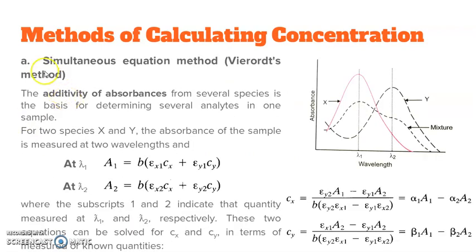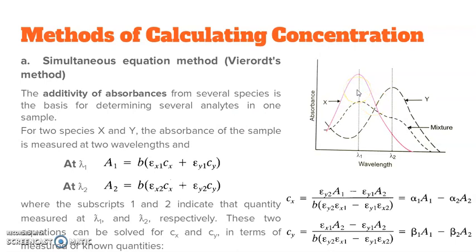Coming to the first one, as I have mentioned, it is the multi-component analysis method called the simultaneous equation method. Before I go into the detail of this, as it is a mixture of two drugs, we take the absorbance of these two drugs, and we prepare some dilutions so that those dilutions fall under the Beer's range.